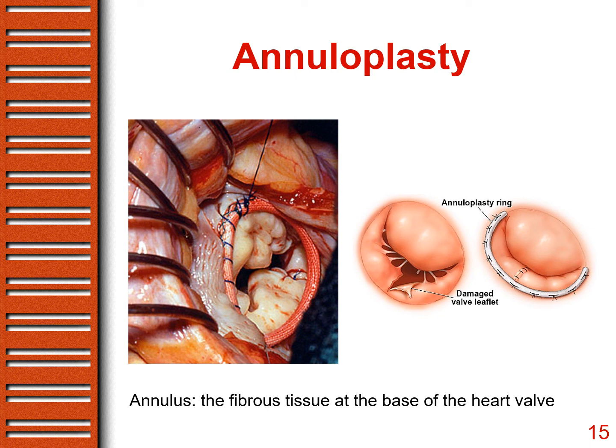Annuloplasty is a technique aimed at repairing the fibrous tissue at the base of the heart valve, called the annulus. Sometimes the annulus becomes enlarged, which enables blood to back up into the atrium. To repair this, sutures are sewn around the ring to make the opening smaller.